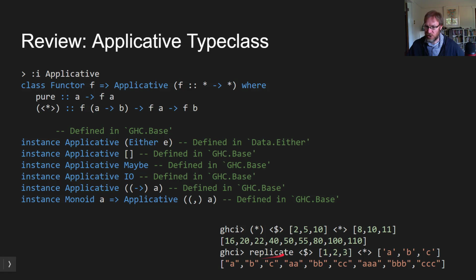Here's another binary function, replicate, being lifted over a list of numbers, which become the first parameter to replicate, so the number of times to replicate, and then the second parameter comes from another list context of characters, and so the result is the characters replicated one time, two times, and three times.